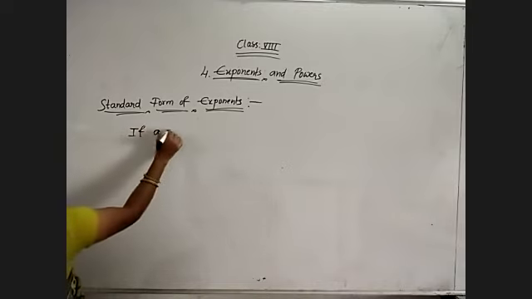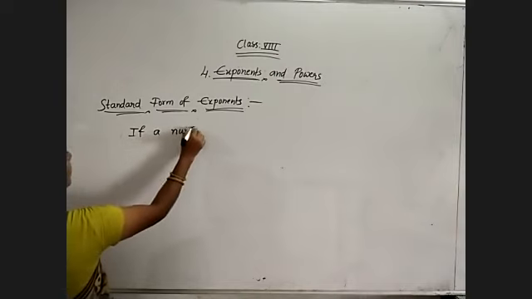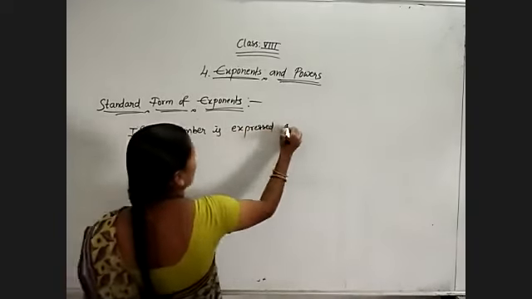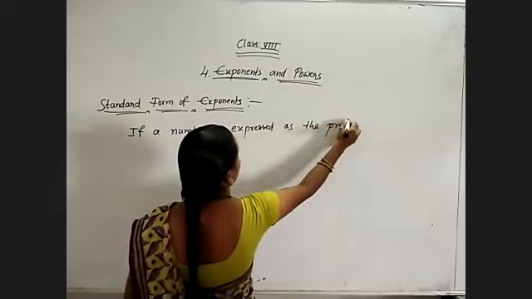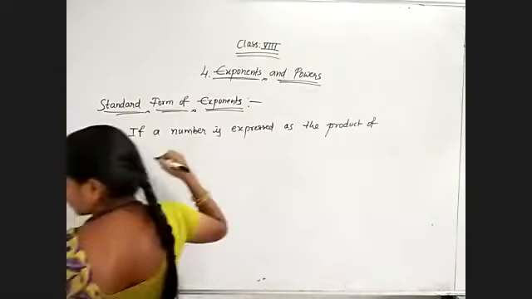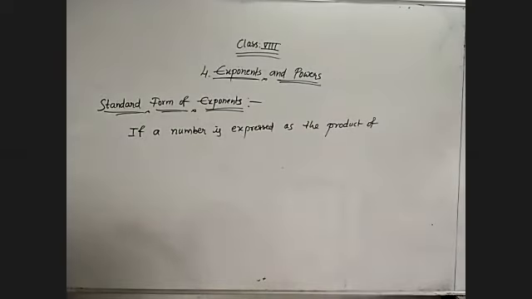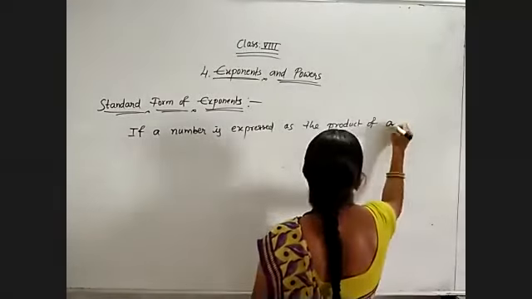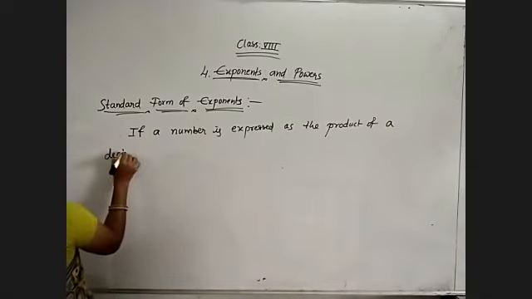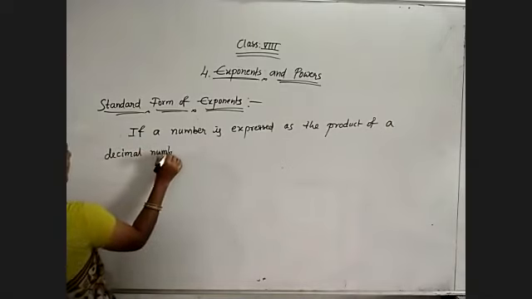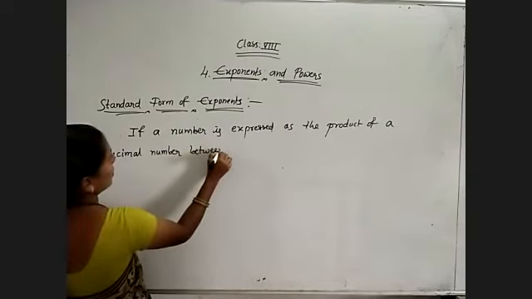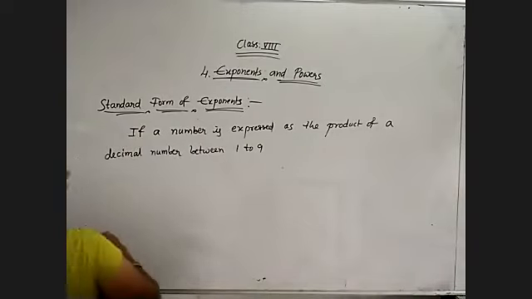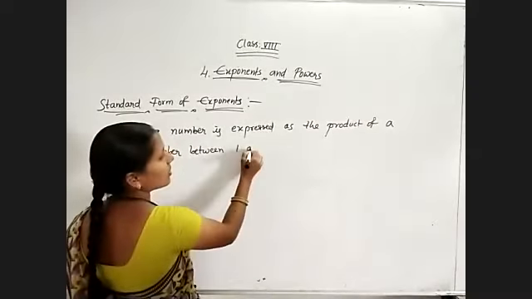If a number is expressed as the product of a decimal number between 1 and 10, and the largest integer exponent of 10, it is known as standard form or scientific notation. Why between 1 and 10?